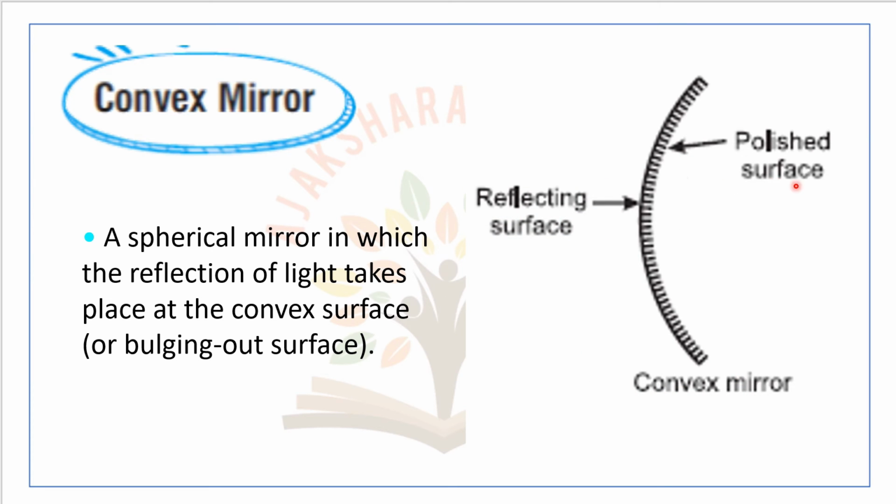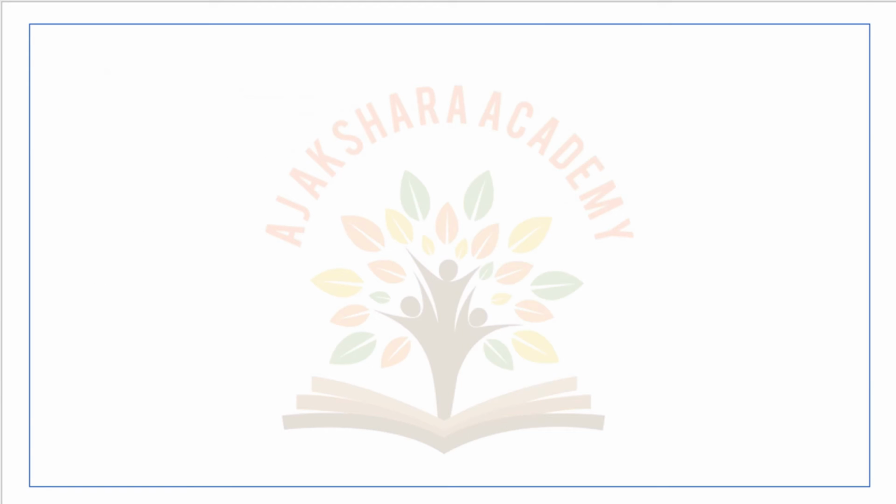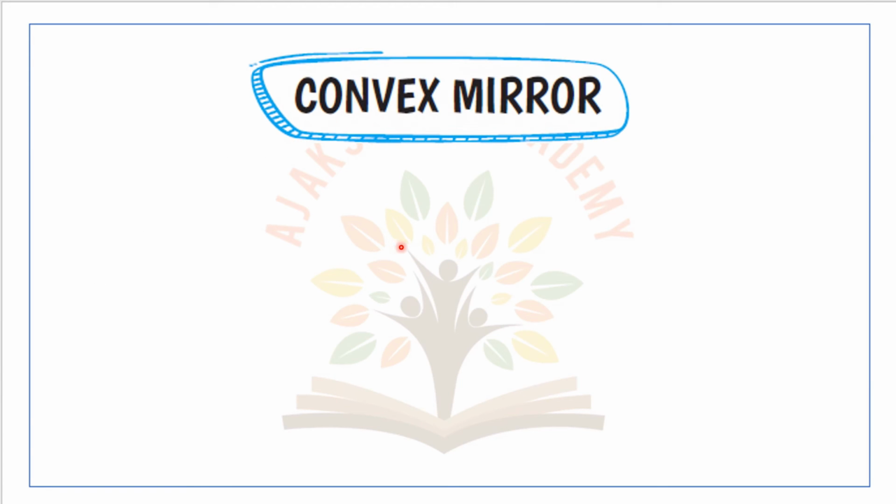This is the polished surface, this is the reflecting surface, and this is the bulging out surface. Next, uses of convex mirror.